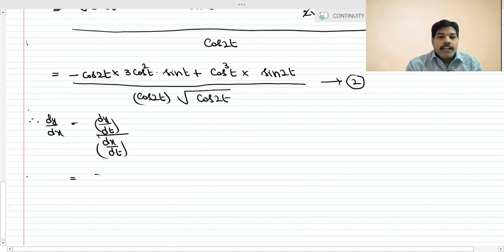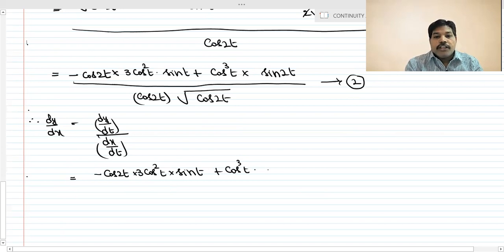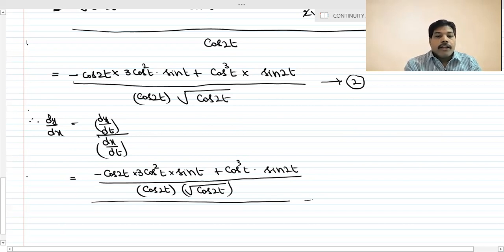This is that minus cos 2t into 3 cos square t into sin t plus cos cube t into sin 2t, whole by cos 2t into root cos 2t, whole by dx by dt.